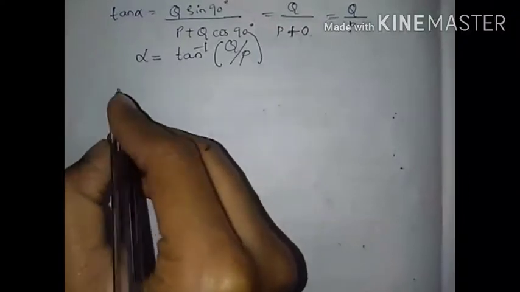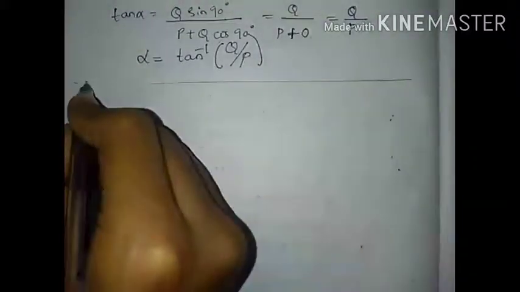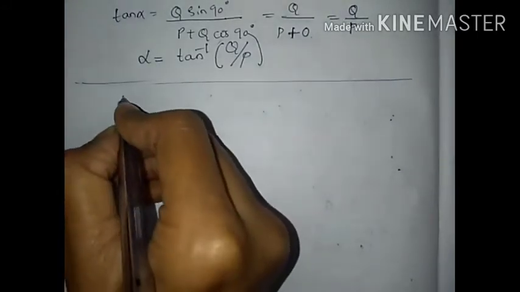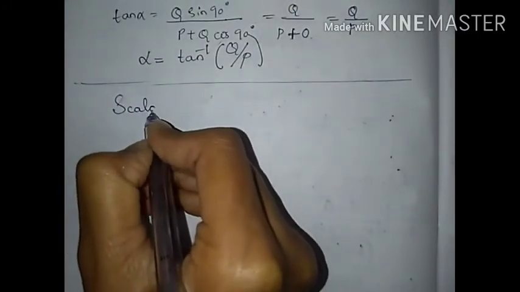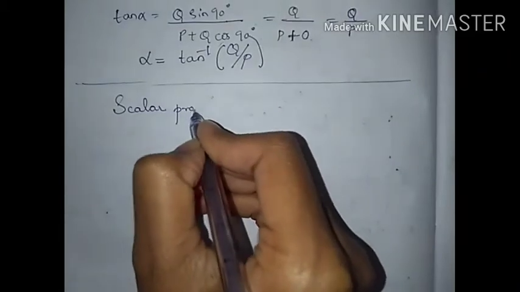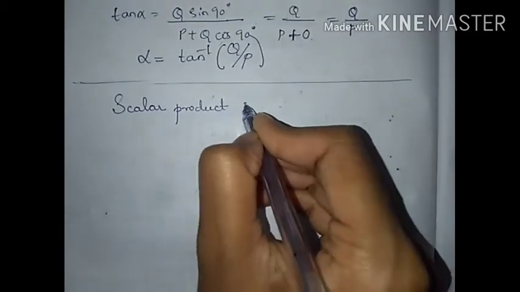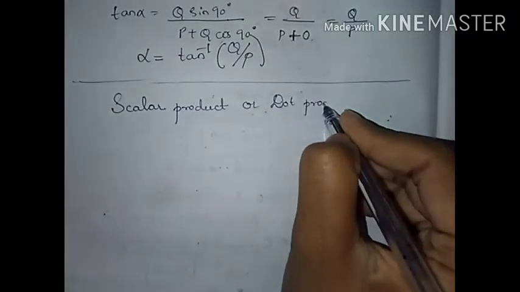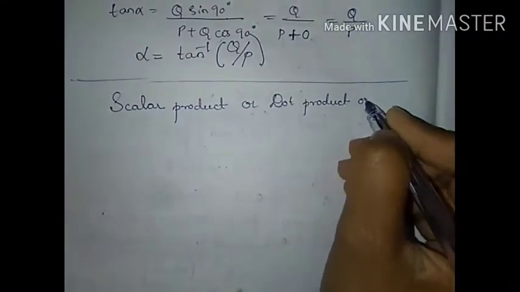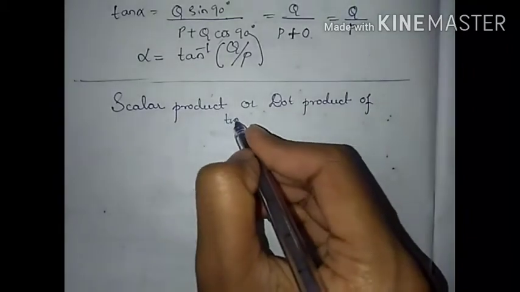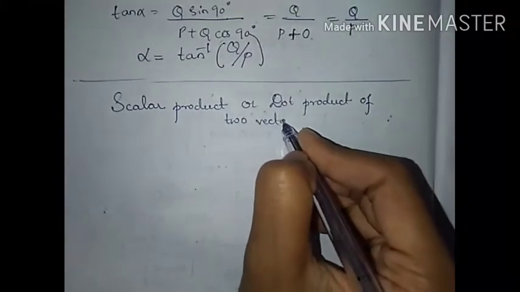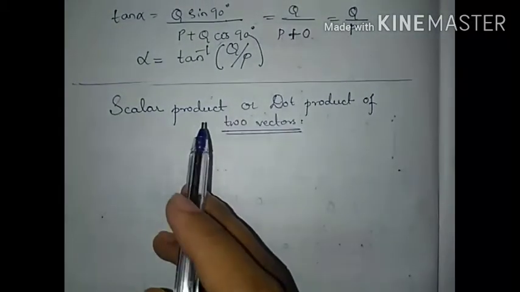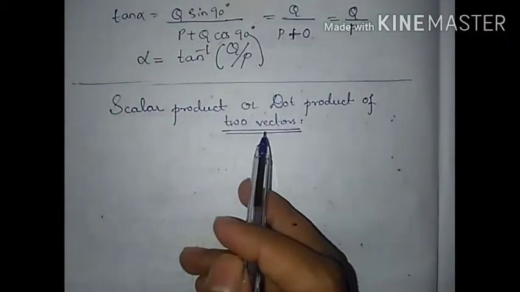Let us learn another concept, scalar product or dot product. So the next concept is the scalar product or dot product of two vectors.